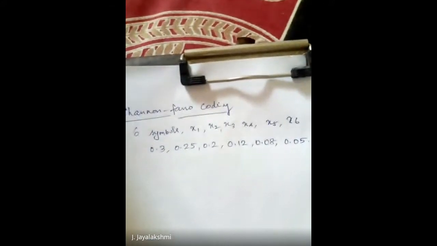So what you are supposed to do is find the entropy and calculate the efficiency of this Shannon-Fano coding method.